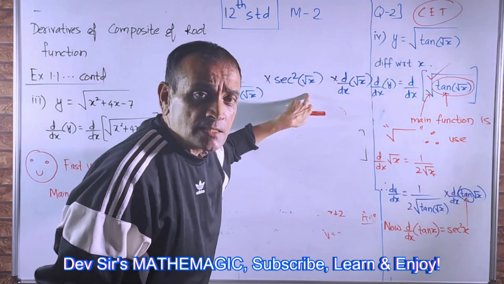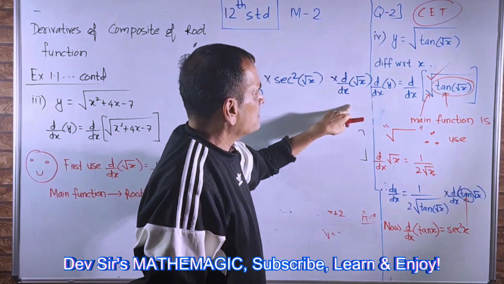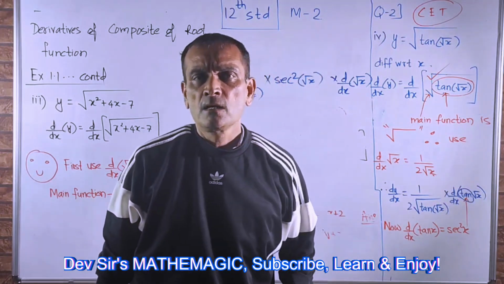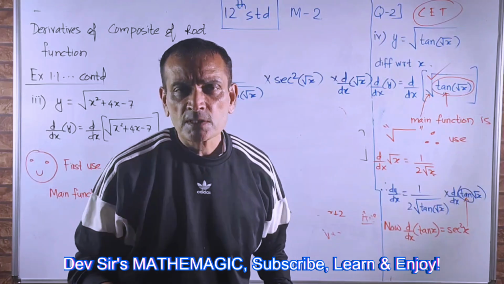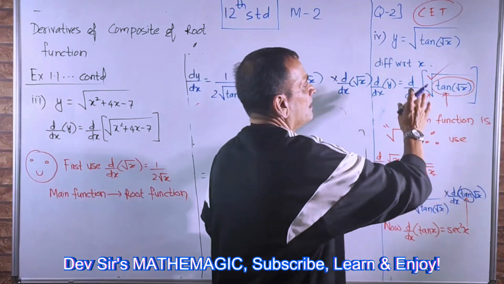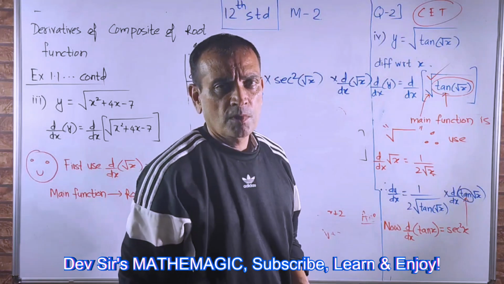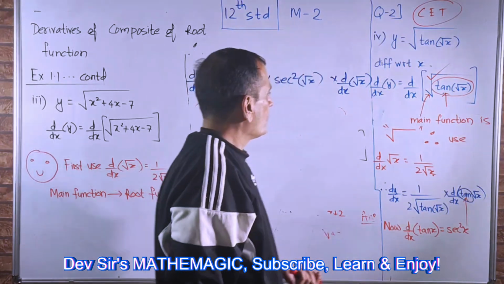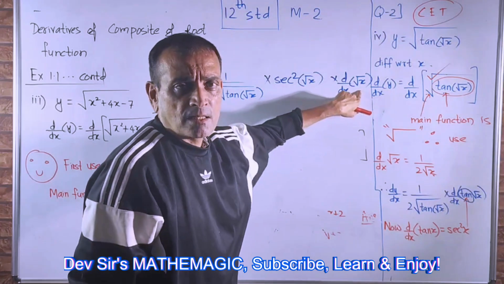Sec squared of root x. Then go to the innermost function which is again root x. So again d by dx of root x. That is how you form a chain. The chain is slightly bigger because there are 3 composite functions. Root function, tan function, अंदर वापस root function. Okay? Fine. So last step, d by dx of root x.